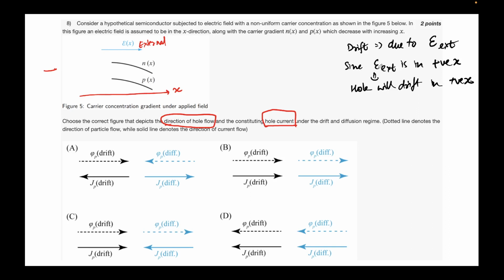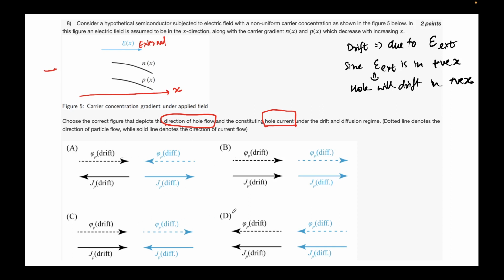Very simple, because force equals q times E, and the hole is positively charged. So holes will drift towards the positive x direction. This symbol you see is for hole drifting, right? They should move towards the right. So the hole is drifting towards the right, so this option is correct.